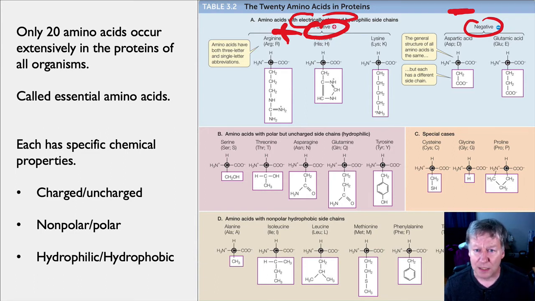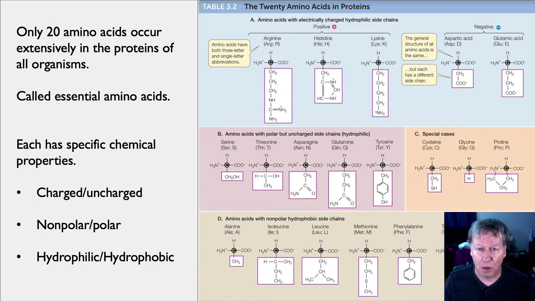For amino acids, most of the time the environment we're talking about is water. The inside of the cell is about 70–75% water, and so proteins are constantly coming into contact with water. And the charge on an R group can influence how it reacts with water.